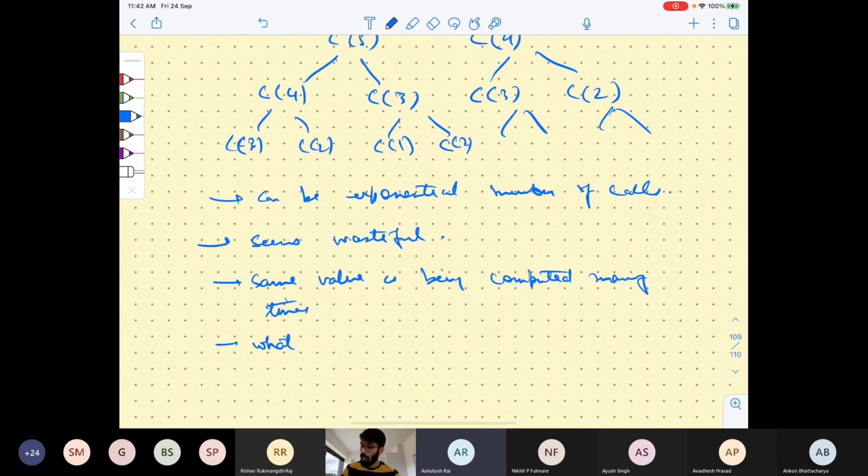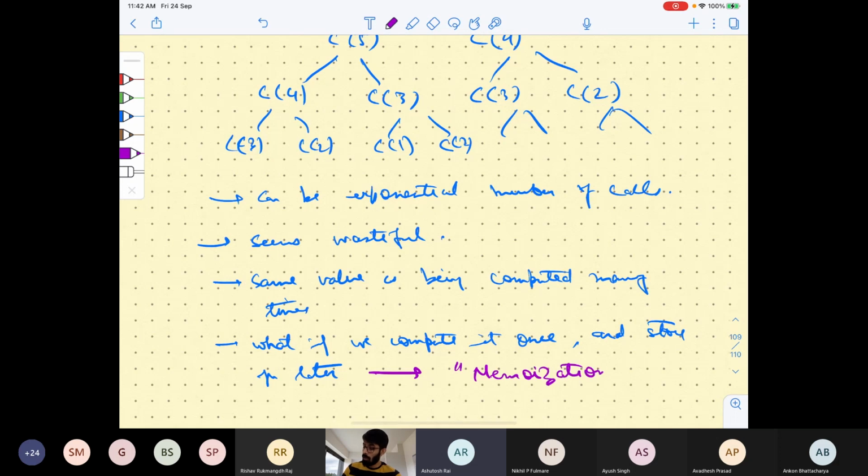So what if we compute it once and store it for later? And this is the technique called memoization. That you make a memo of it, that okay, I have computed it. If I need this value in future, then other parts of the algorithm, other recursive calls of the algorithm, can use it.